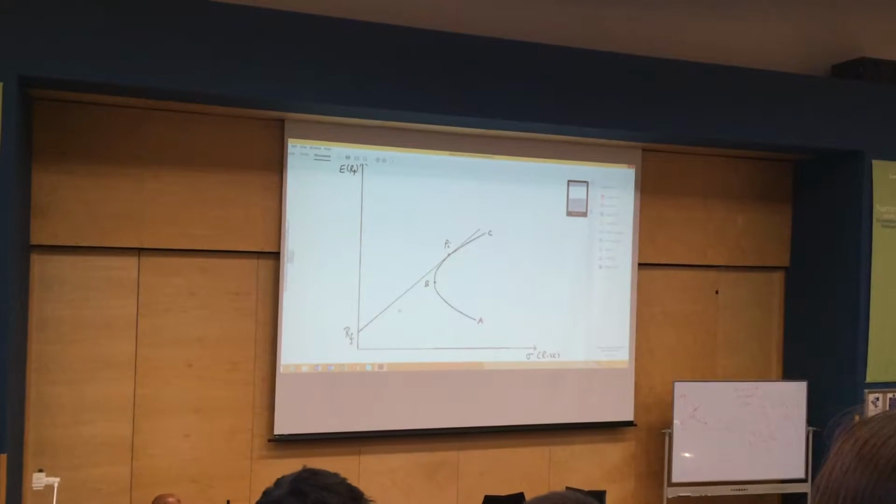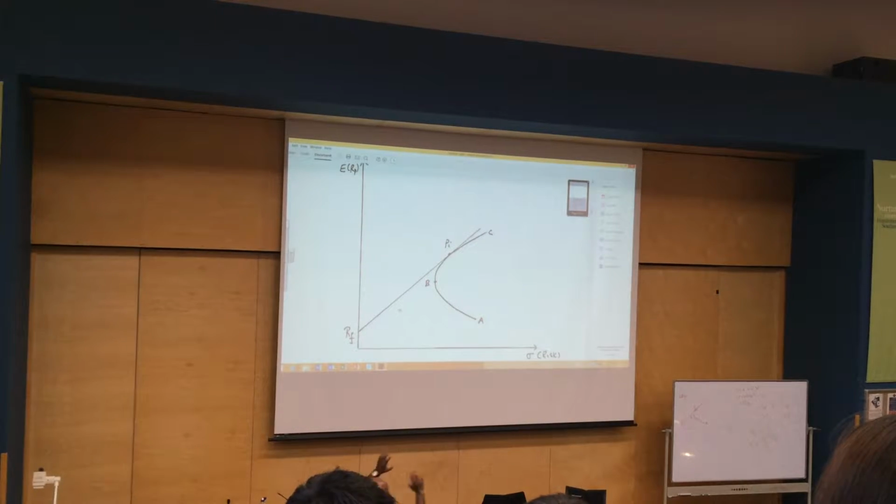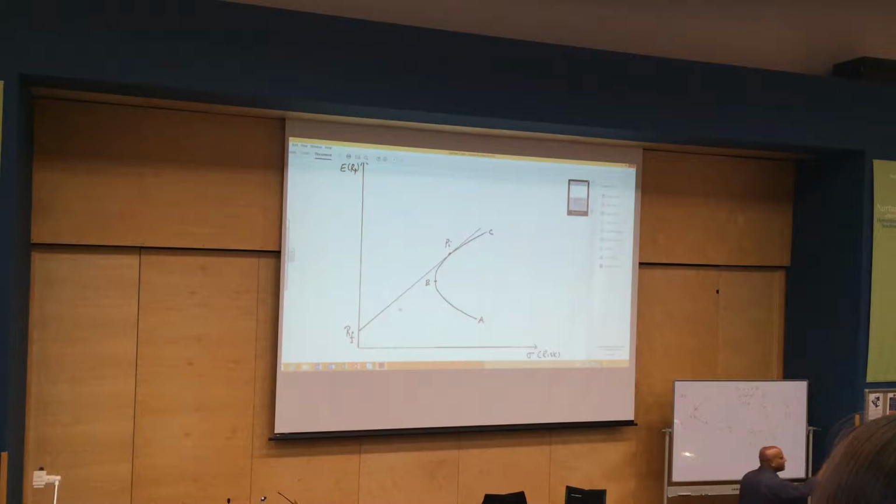The main statement here is that if they all have the same homogeneous expectations, they will all see the same graph. The same line, AC, the risk-free rate line, and the same portfolio of all risky assets, PI. PI is the market portfolio. It includes all the risky assets.